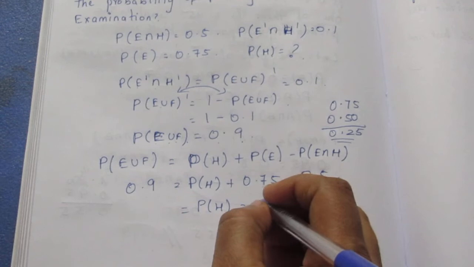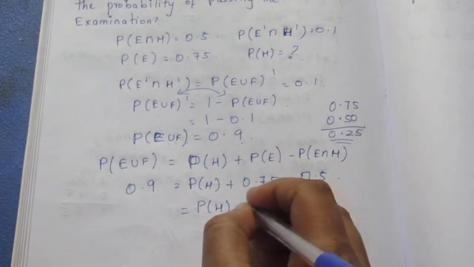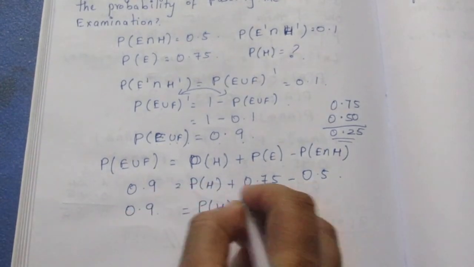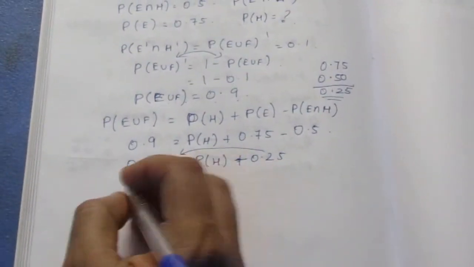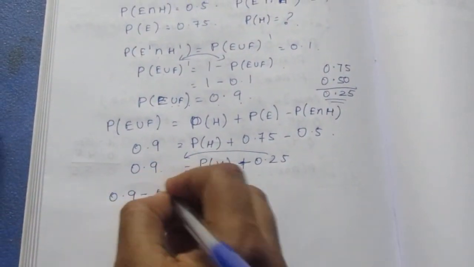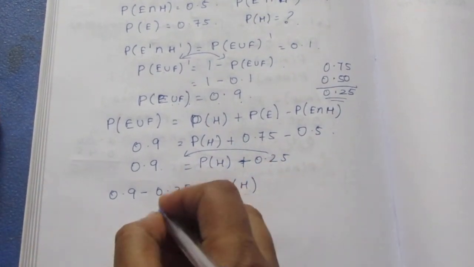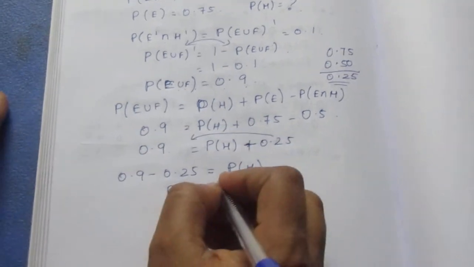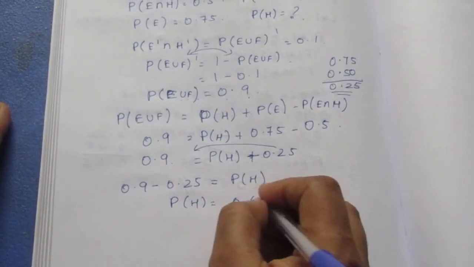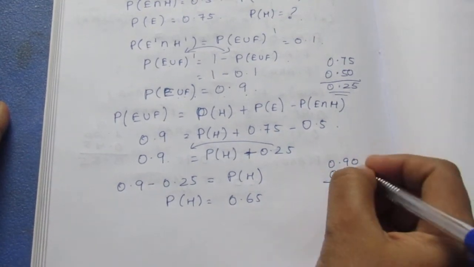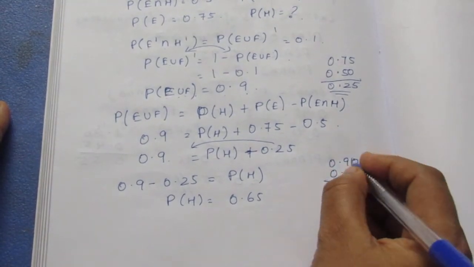So it is P of H plus 0.25 equals 0.9. Bring this 0.25 to this side, it becomes minus. So 0.9 minus 0.25 is equal to P of H. So P of H is equal to 0.65. 0.90 minus 0.25, if we subtract this, we get 0.65.